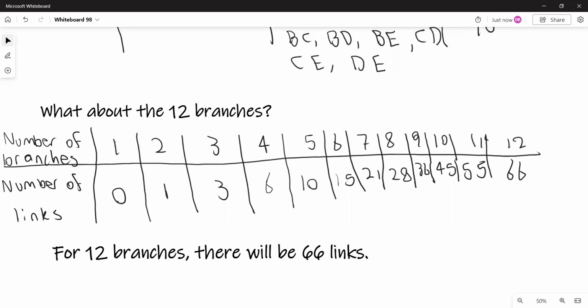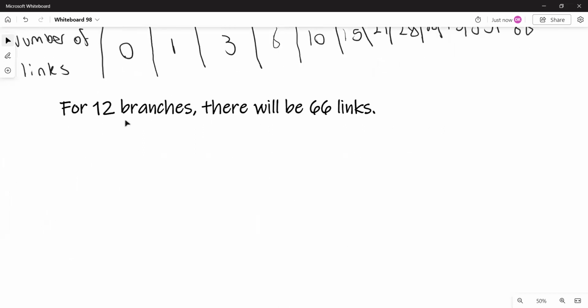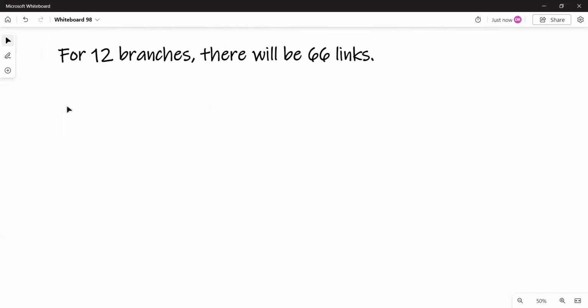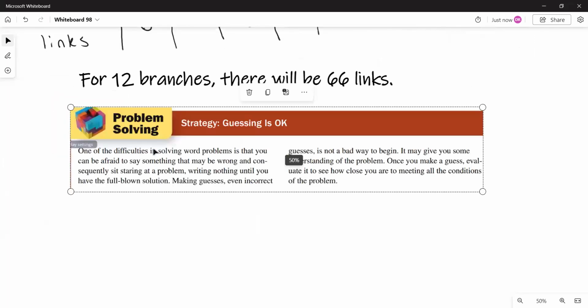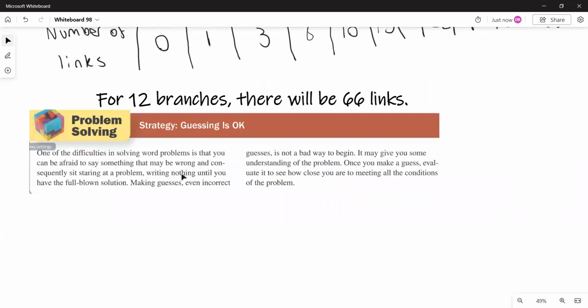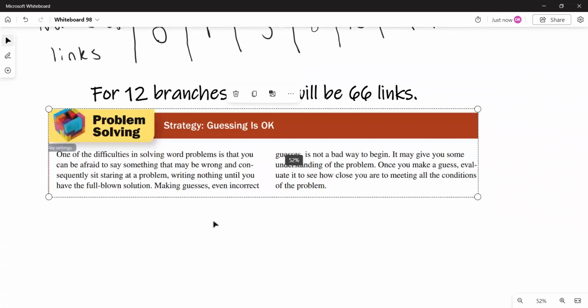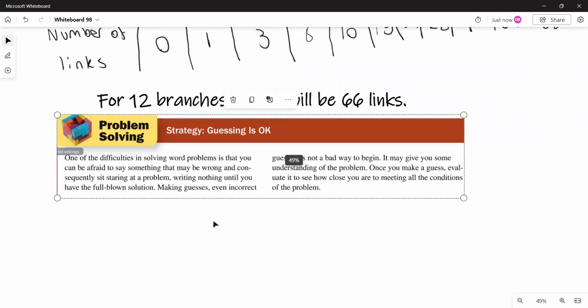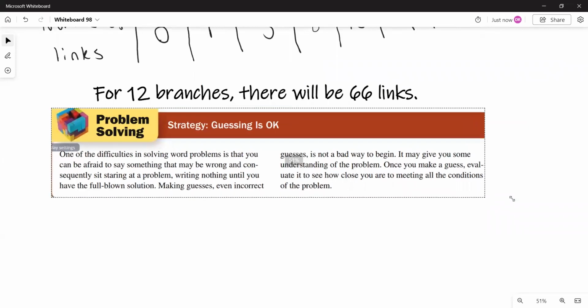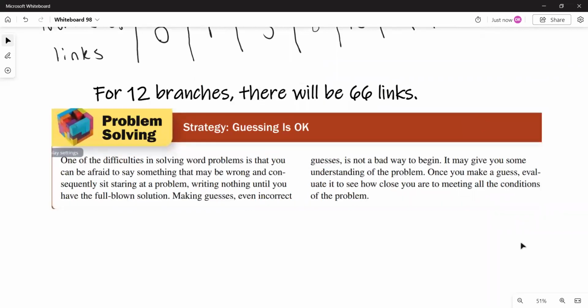But if you don't know any other mathematical tool to solve a particular problem, guessing is okay. That's page 8.